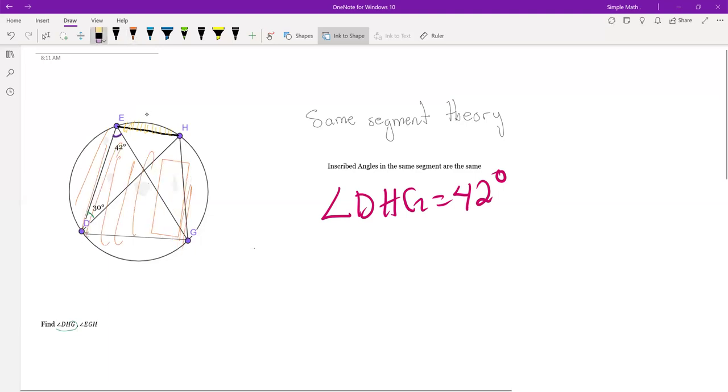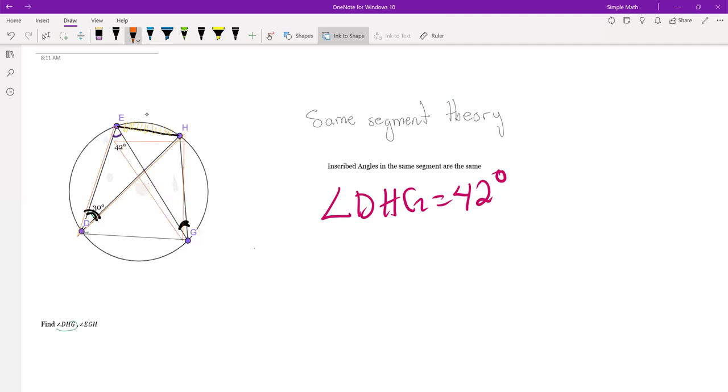These two angles, this one here and this one here, are in the same segment. If you draw a triangle now, they have the same base, from here to here to here, and then from here to here to here.